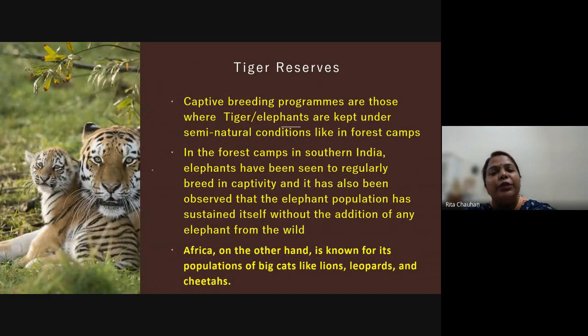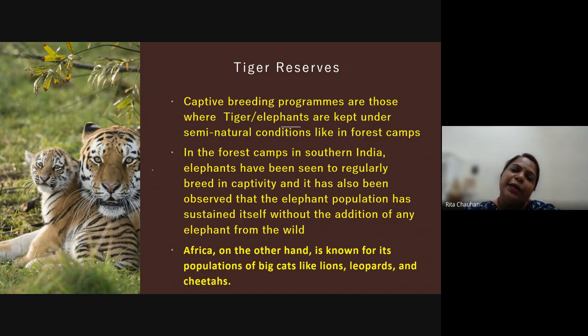So now we come to the tiger reserves. Although in Africa we don't have tigers, they have big cats like lions, leopards, cheetahs. But in India, the tiger is a very important species, and many captive breeding programs are launched for these important species like tiger or elephant. What are captive breeding programs?